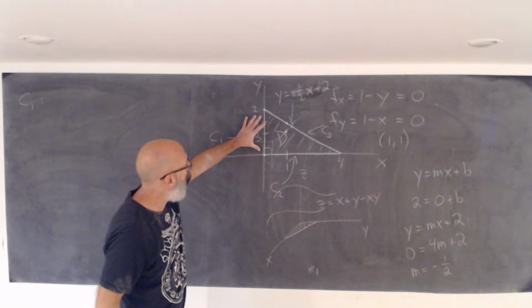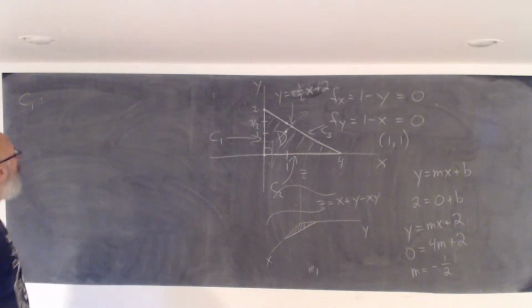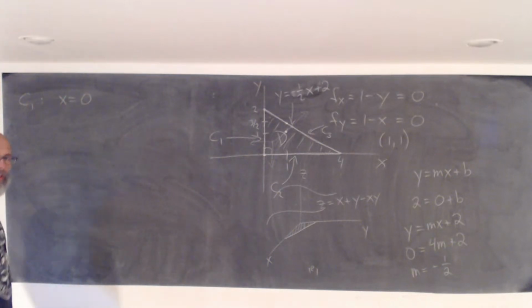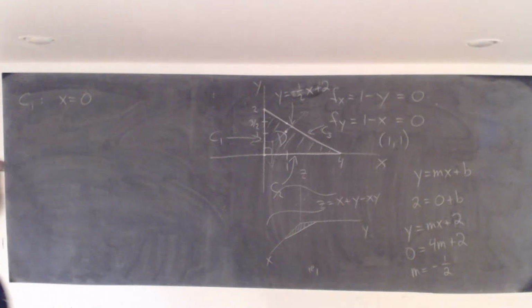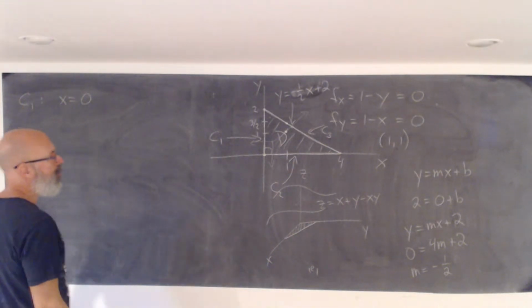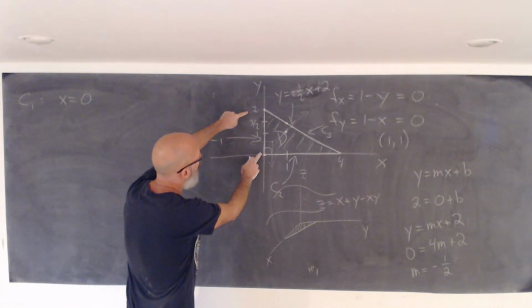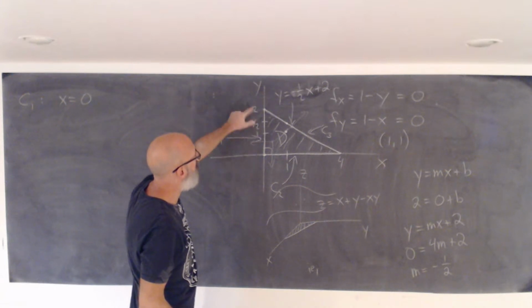C1 is the line on the y-axis. And when you're on the y-axis, x is 0. X is 0, and y is the variable that is going from 0 to 2.